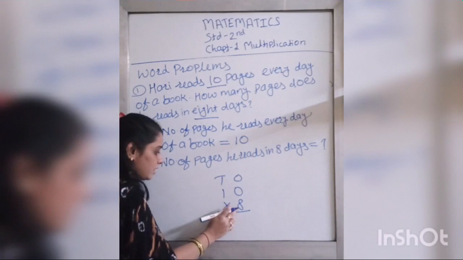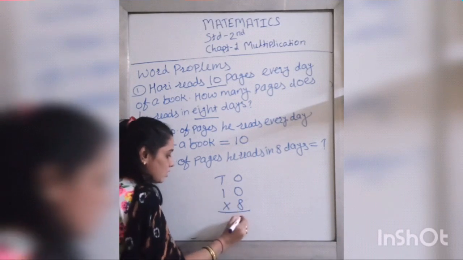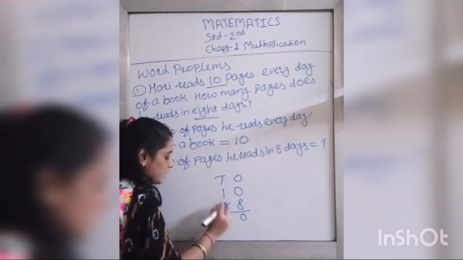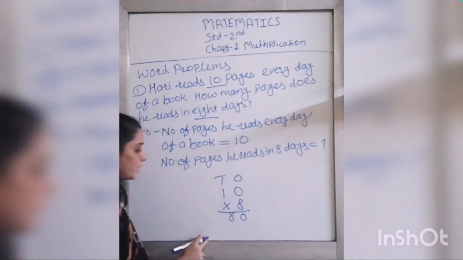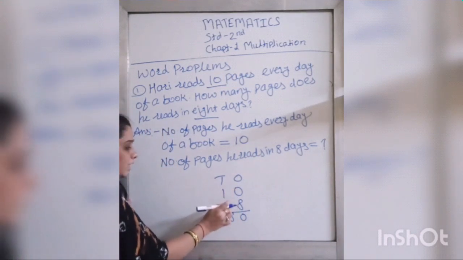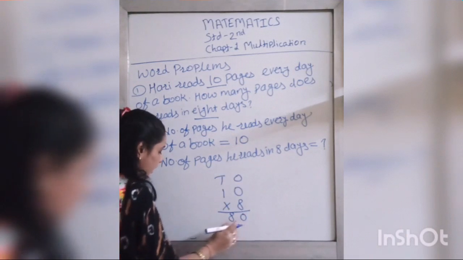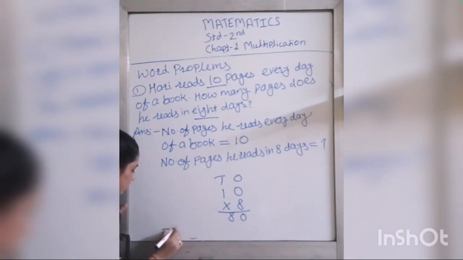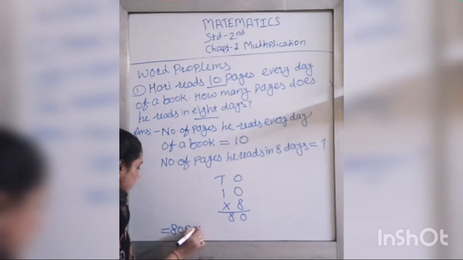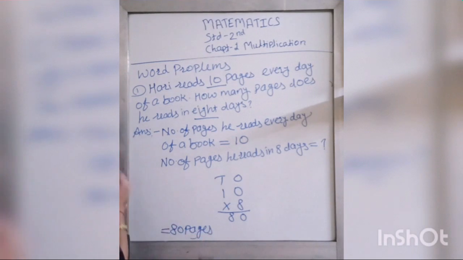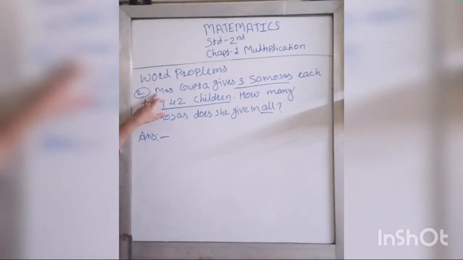Start multiplication. 8 into 0 is 0, 8 ones are 8. So he will read 80 pages. 80 pages he will read in 8 days. Understood?